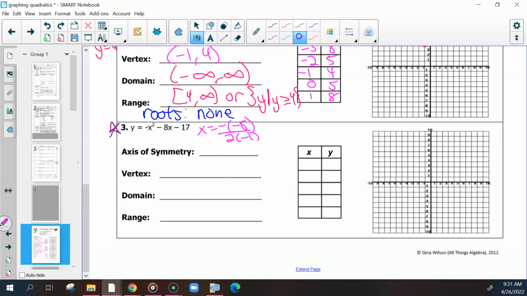Negative 1, which gives us negative 4. Positive, right? And what would that y become?